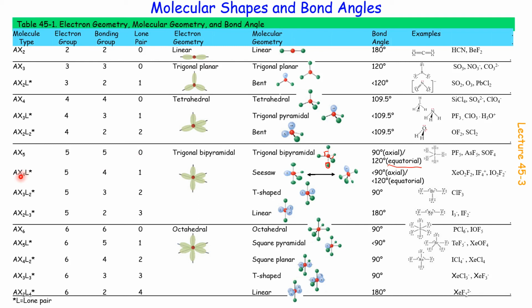If there are 4 bonding groups and 1 lone pair, the electron geometry, or fundamental geometry, stays the same, which is trigonal bipyramidal. But the molecular geometry becomes seesaw.